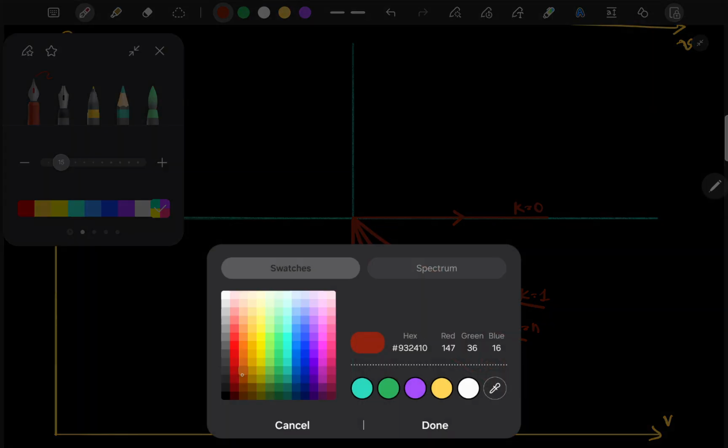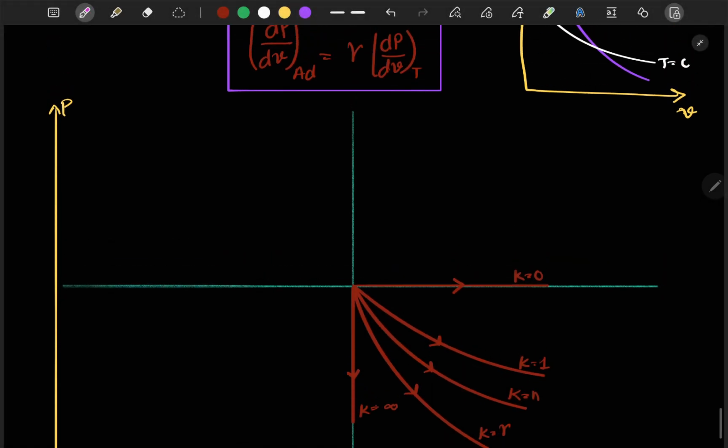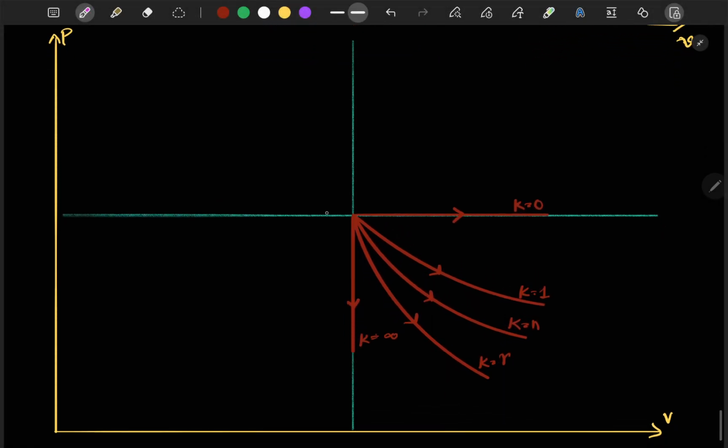Give me a minute, let me select a different color for this.